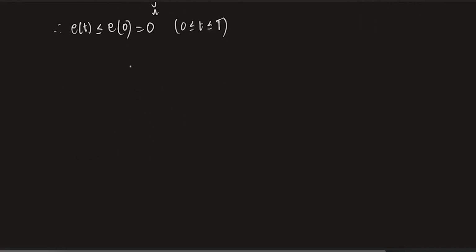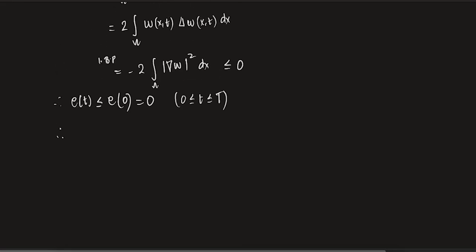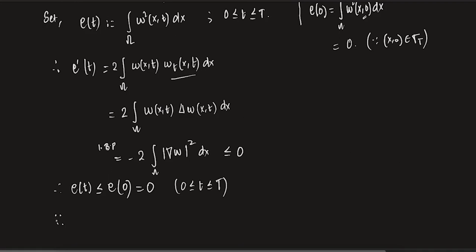So since E prime is less than or equal to 0, what does that say? By definition, you see, what is E? E is the integral of w square.